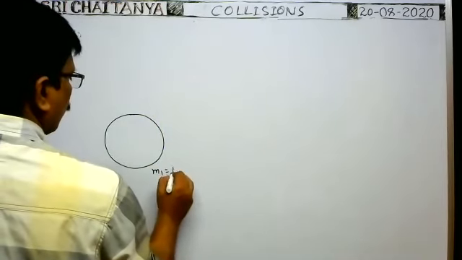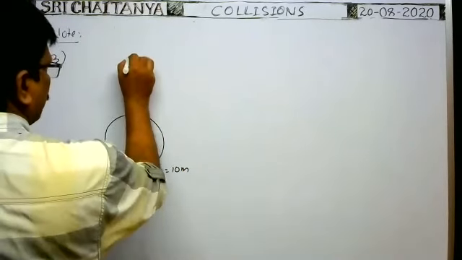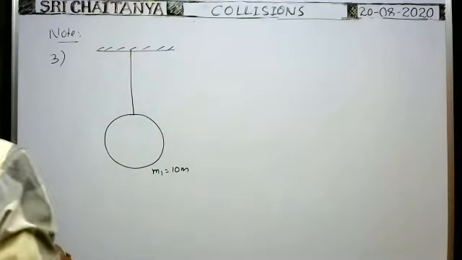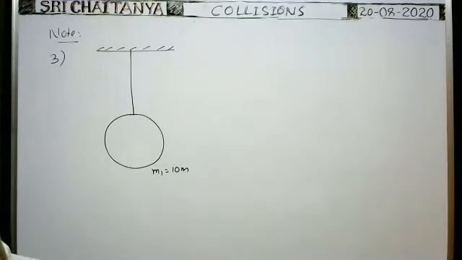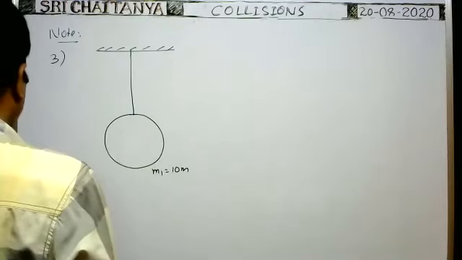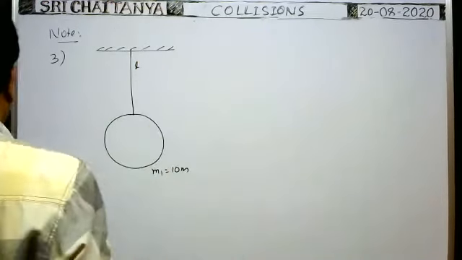Here m1 is equal to 10m, suspended by means of a string from the rigid support. An inextensible string of length L, whatever the length, that is L given.